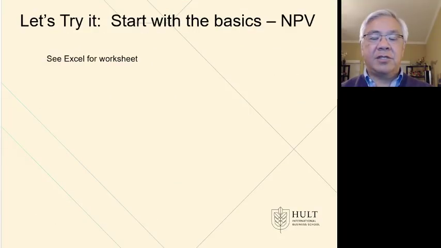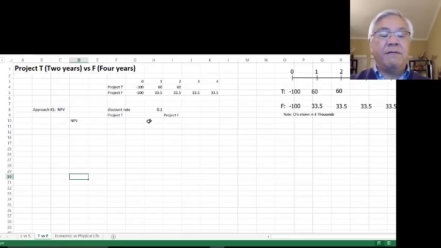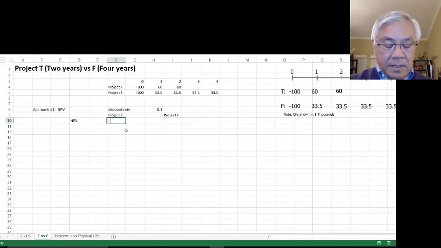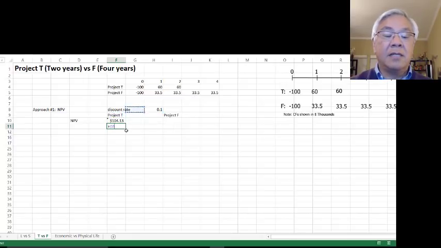So again, let's start with basics and let's do an NPV in this case. So here on this next tab, if we do the NPV, let's do it for project T, equals NPV, open parens, discount rate is 10%, comma, and go out to T1 and 2, close parens, outlay is $100, and NPV is that plus that, or $4, all right?